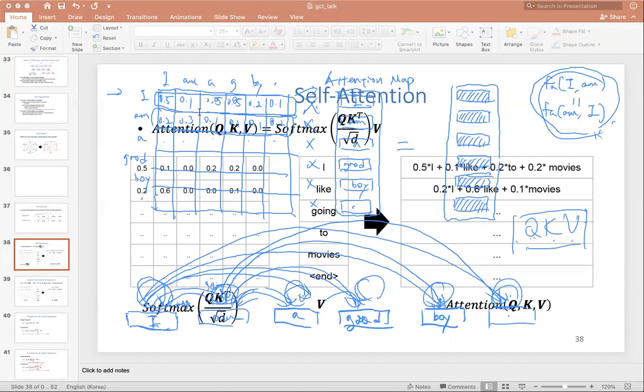Maybe this is too simple an approach. QKV. All right, give me a second.